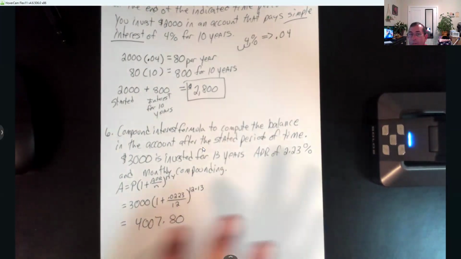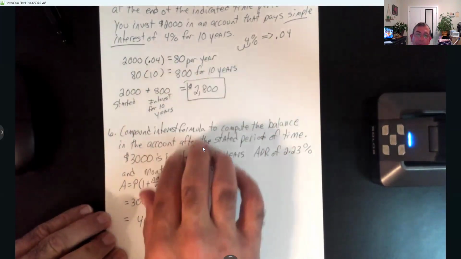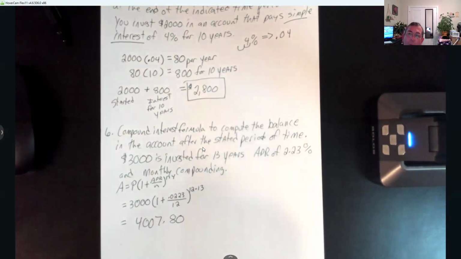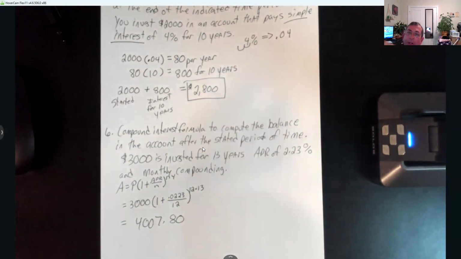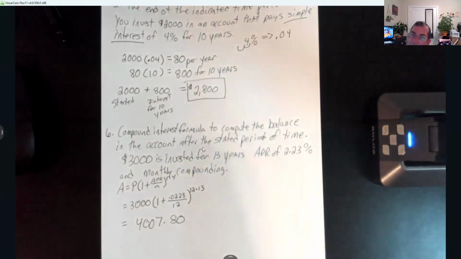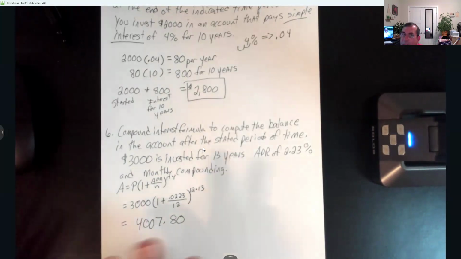So, y'all, if you're ever thinking about doing investments, that's how they sort of play with investments. Now, one we don't mess with right now, but there's another type of interest called continuous compounding, and it uses a different formula, and we don't really mess with that here.